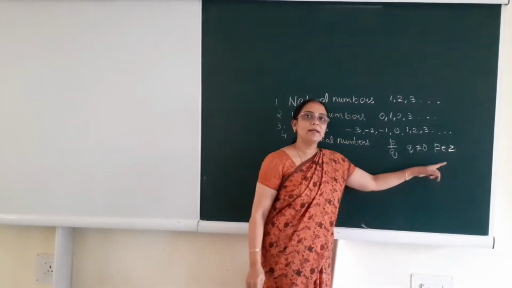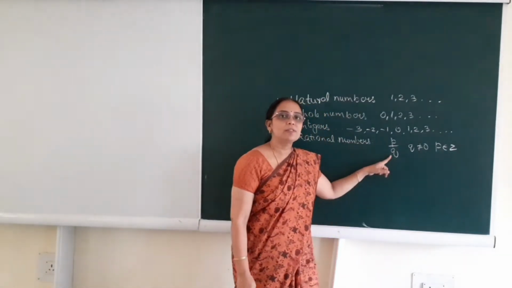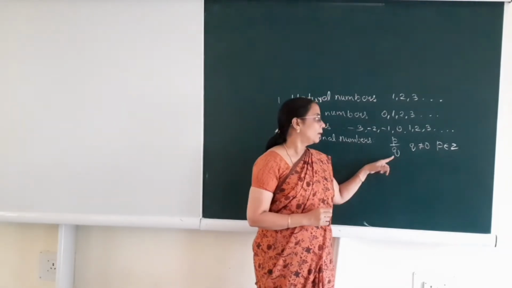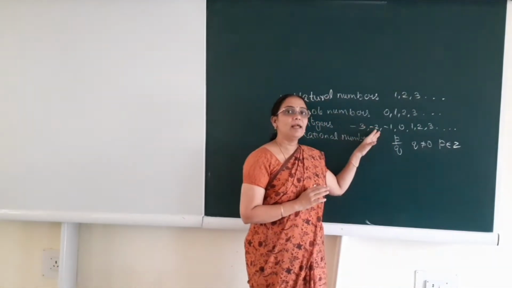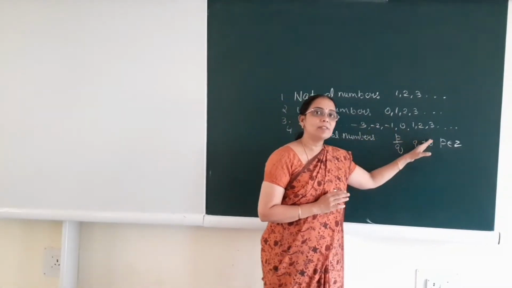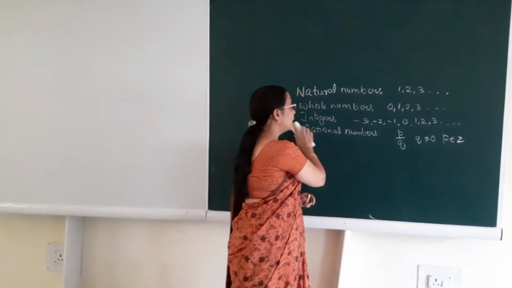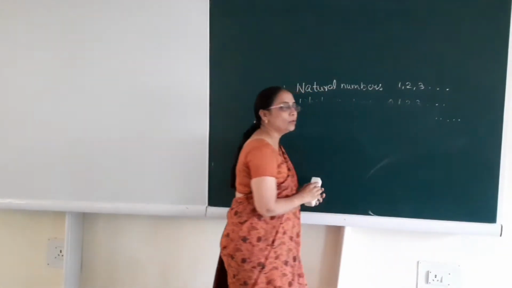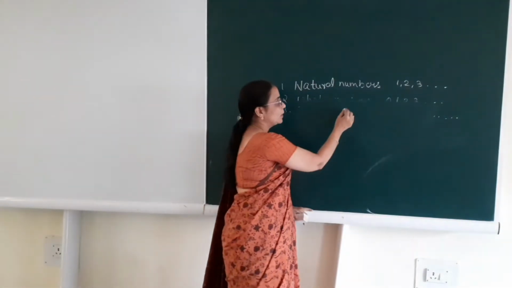We all know Z represents the integer system. q should not be 0 at any point of time. p can take any integer, either negative or positive. So we can say that all the numbers which are in the form of p by q, where q is not equal to 0, are known as rational numbers.